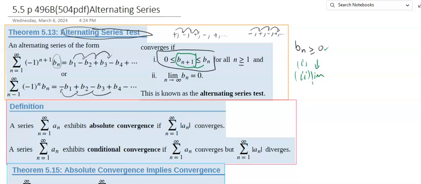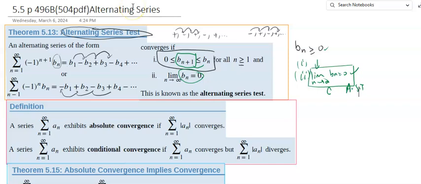And the third condition, the limit as n approaches infinity of b sub n equals 0. Remember, if the limit of the sequence part equals 0, that doesn't mean anything for any other series. But if it's alternating and the limit equals 0, automatically it converges by the alternating series test. That's how it works.